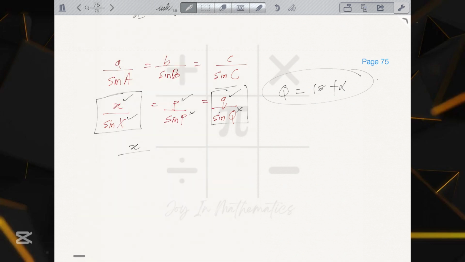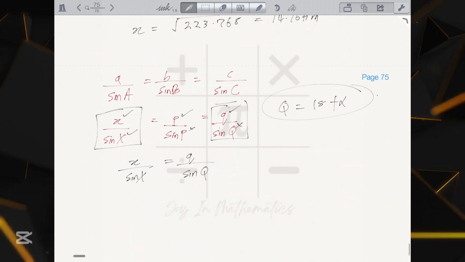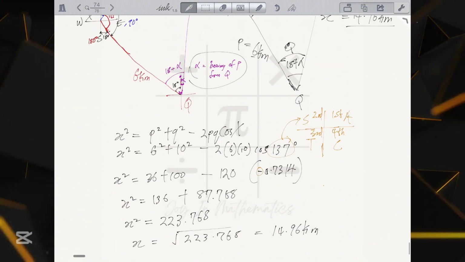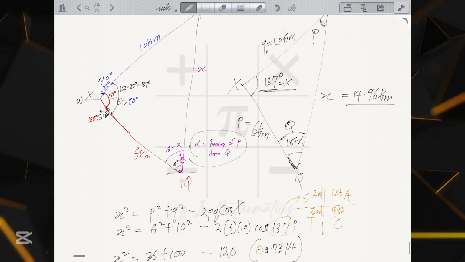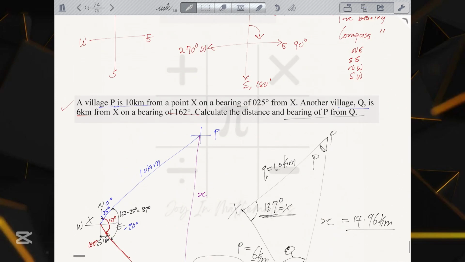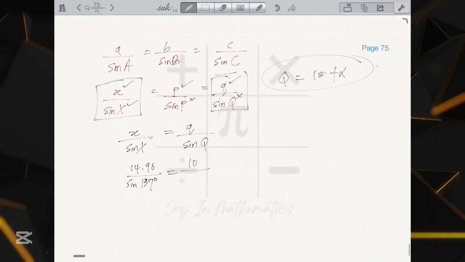So let's simplify further. x divided by sine x is equal to Q divided by sine Q. Our length x is equal to 14.96, our angle x is equal to 137 degrees, our length Q is equal to 10 kilometers, and we are looking for angle Q. So let's make sine Q the subject of the formula.